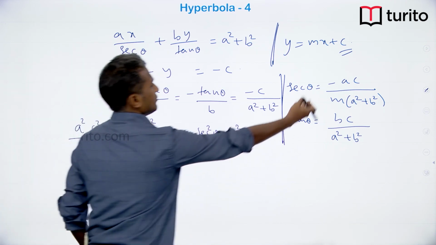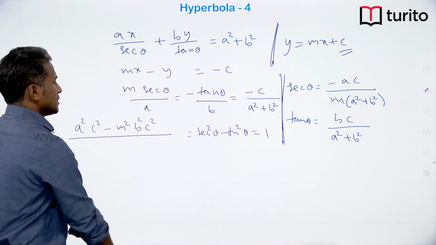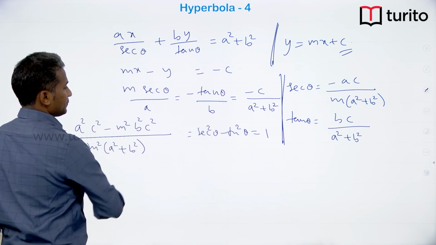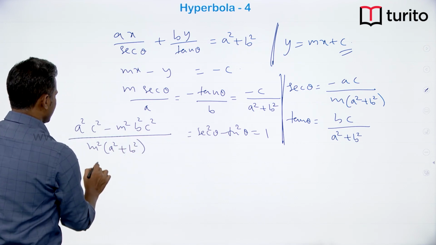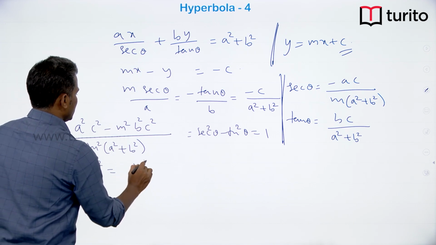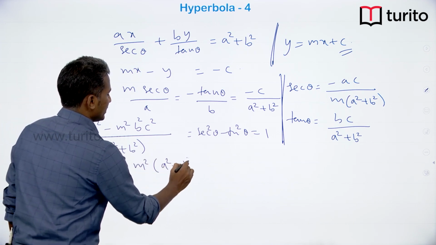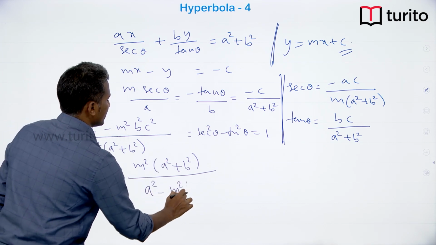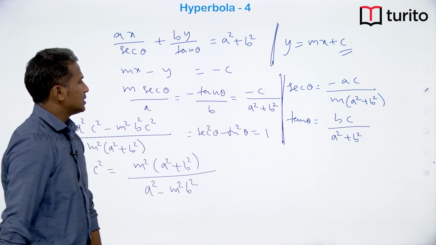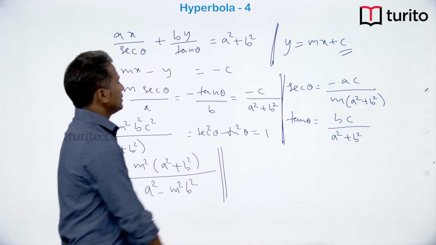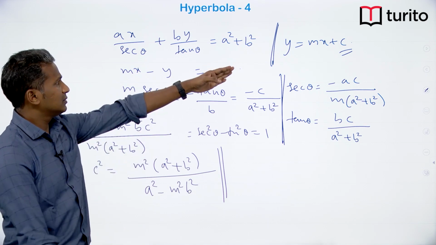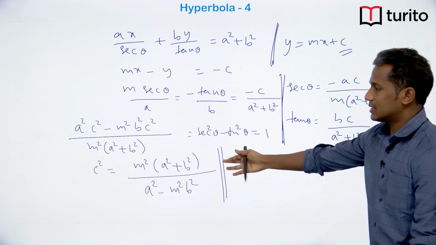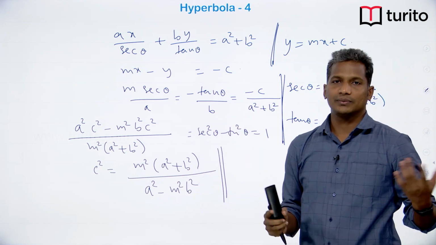So, here I am just squaring them and subtracting. Okay. So, what do I get in the denominator? m square into a square plus b square. So, what am I getting for c square? c square is equal to m square into a square plus b square divided by a square minus m square b square. Okay. So, that means to get the condition we just need c, and I have got c here. So, I can just substitute it to get the slope form also.